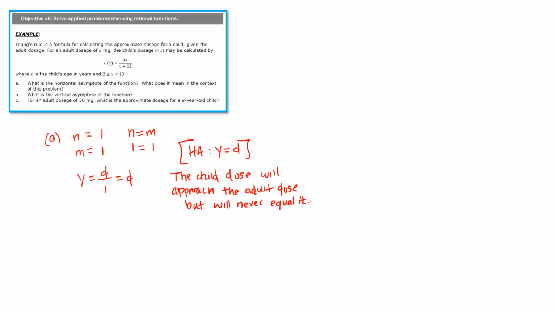You're either a child dose or an adult dose. You can't be a child and adult dose. Makes sense, especially when it comes to medication.